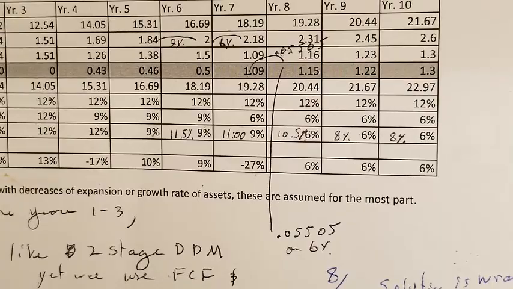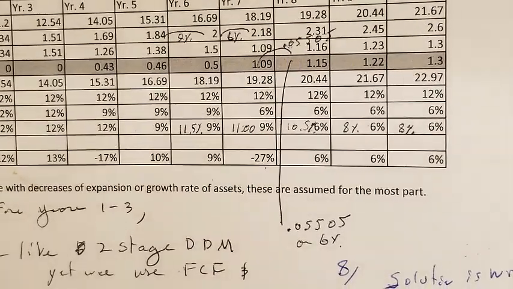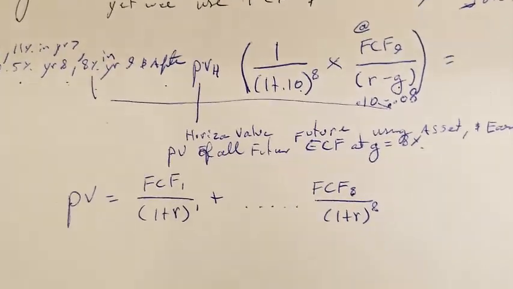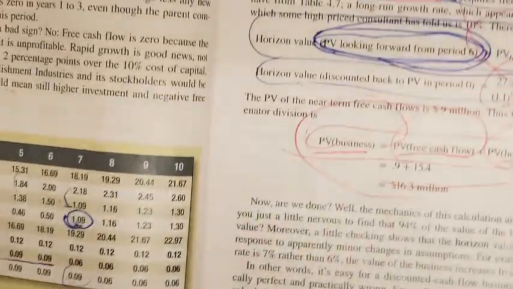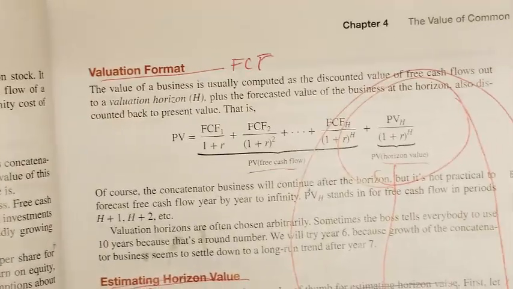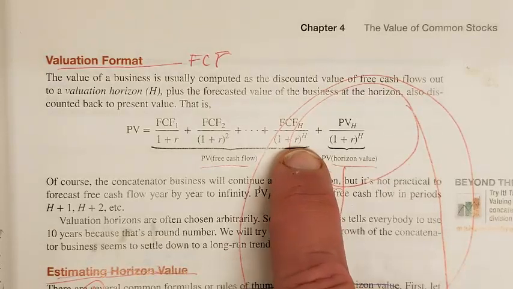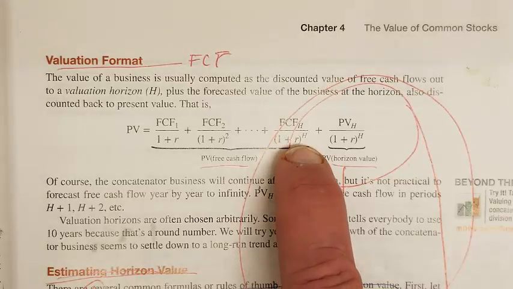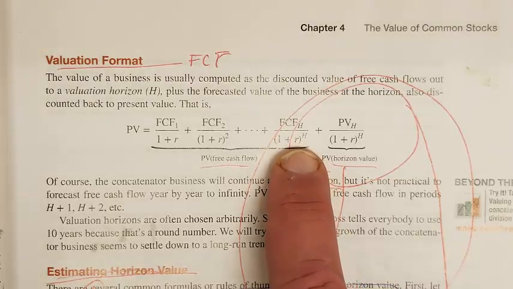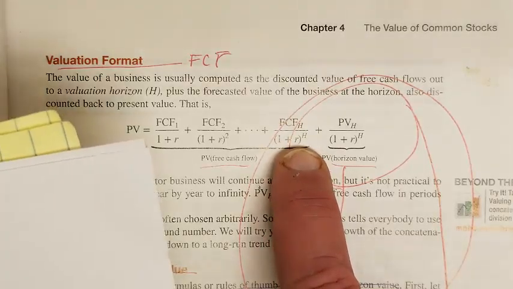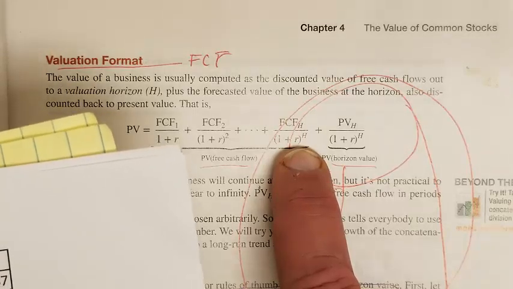So just a heads up, as we know from the two-stage dividend discount model, when we're using this model, we know that at this point you're going to take it out for this problem on number 26 to the 8th year, because it starts 10.5% in year 8, and then when does it start?